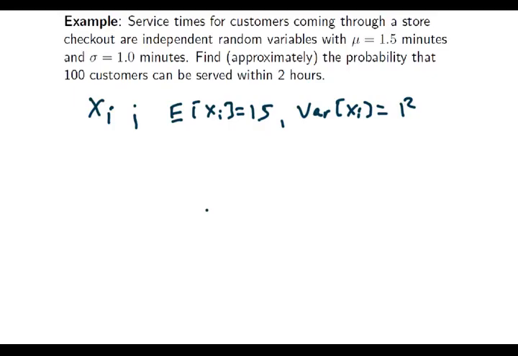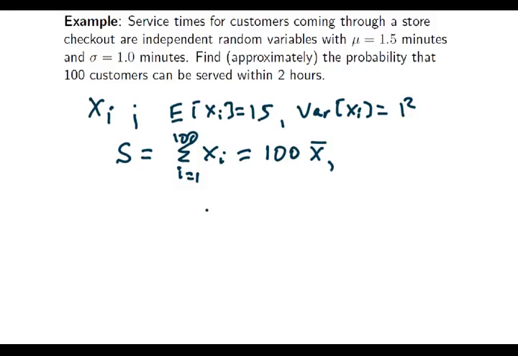Total time required to serve 100 customers, let's denote it by S, equals the sum of xi's for 100 customers. And this can be represented as 100 times sample mean.